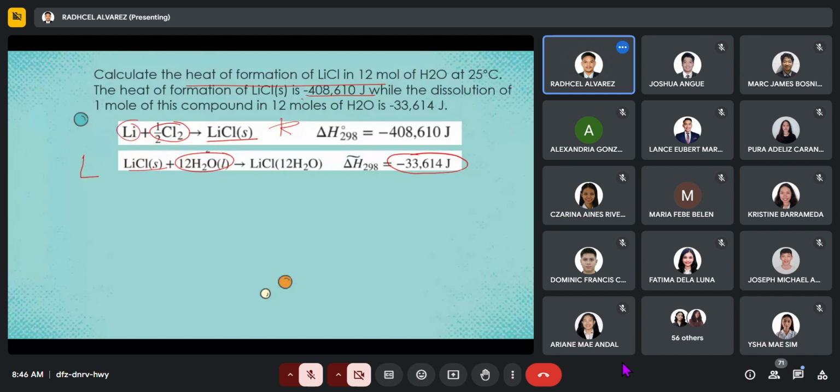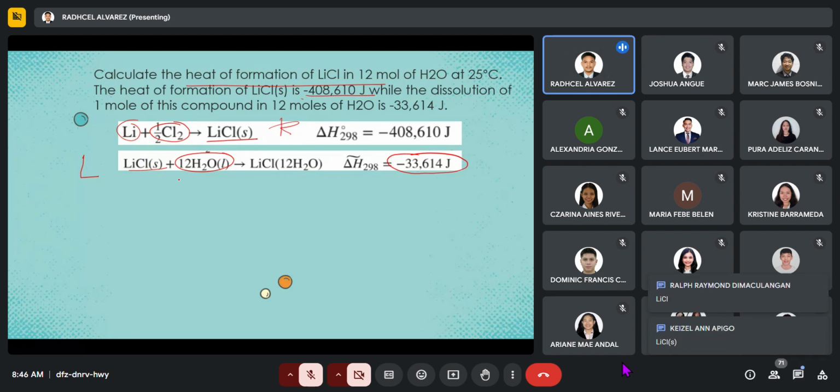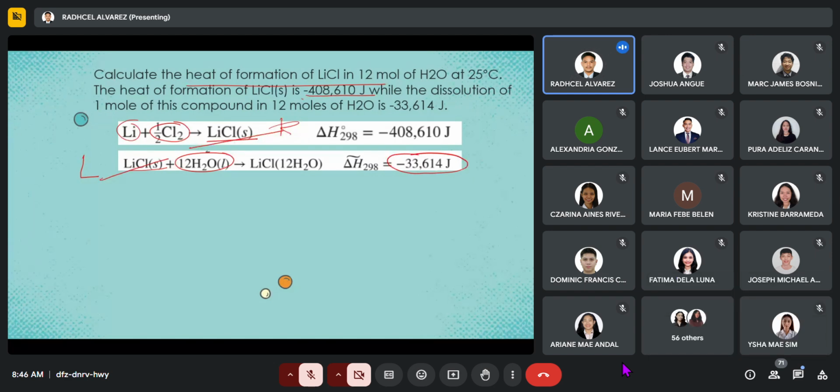Okay, very good. So that is lithium chloride. So meron dito sa right side na lithium chloride and left side, so pwede na natin siyang makancel.